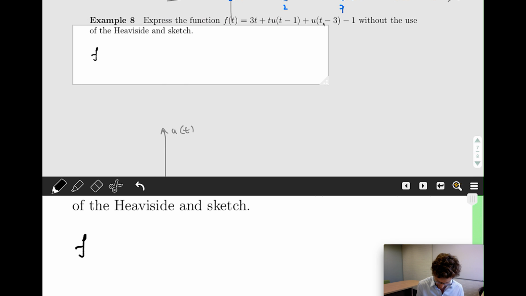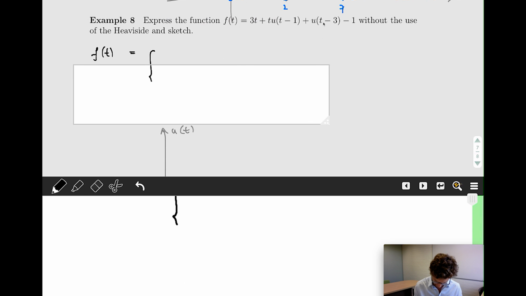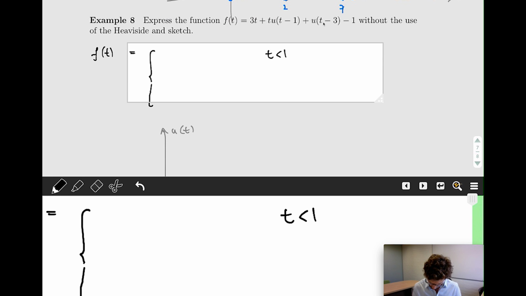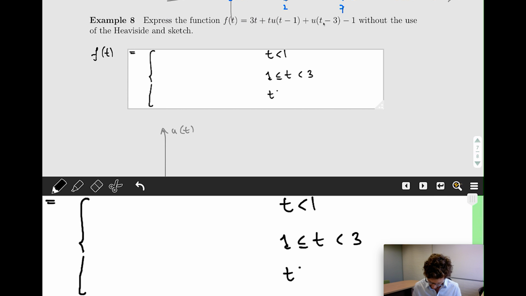So I've got f of t. I have to figure out what this thing is going to look like between 0 and 1, or just t less than 1. Of course, we're only again thinking about positive values of t. For 1 less than or equals to t less than 3, and for t greater than or equals to 3.